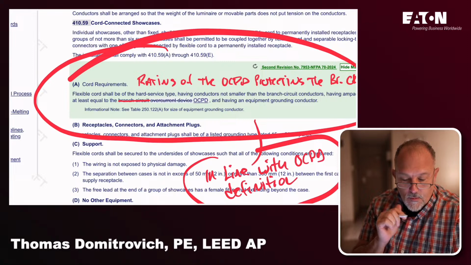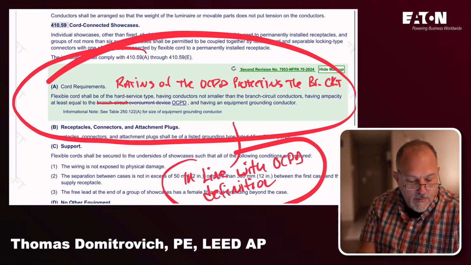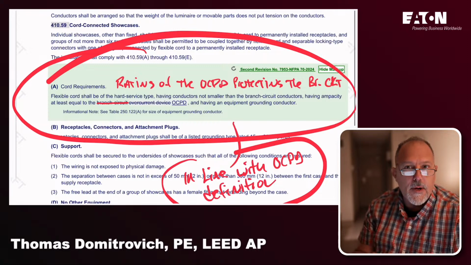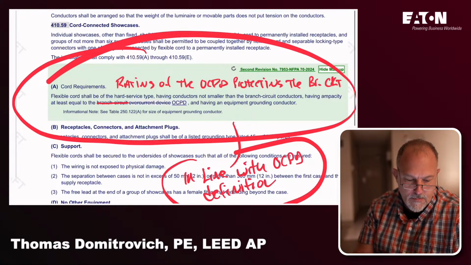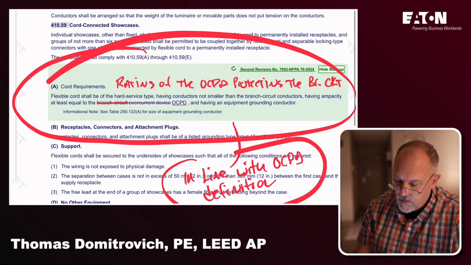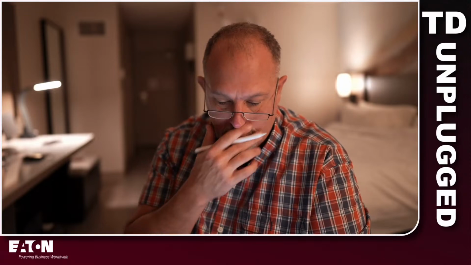So I'm thinking at least equal to the rating of the OCPD protecting the branch circuit would be clearer and add better code. In any case, we're going to see if we can influence that change, and I think that would be for the better.